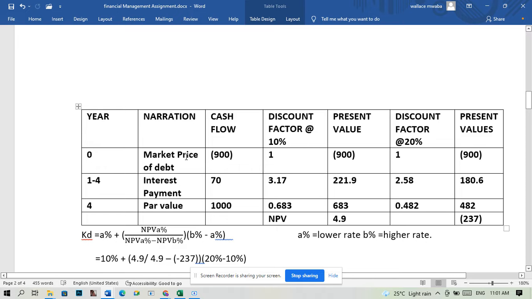So in the internal rate of return, we find the present values of our cash flows.